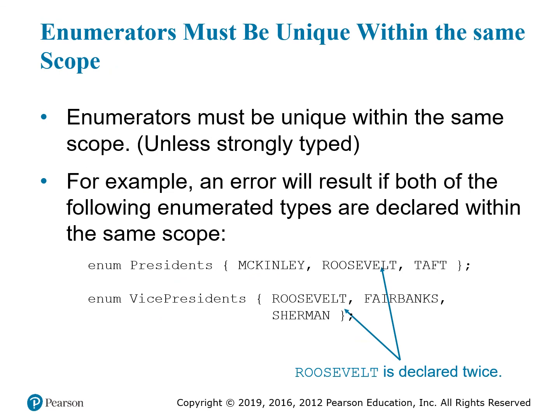One little caveat. Enumerators, because they are instantly created in the compiler as named constants, have to be unique within the program scope. So I can't have an enum with Roosevelt and a vice president with Roosevelt, because that would declare the same constant to hold two different values.